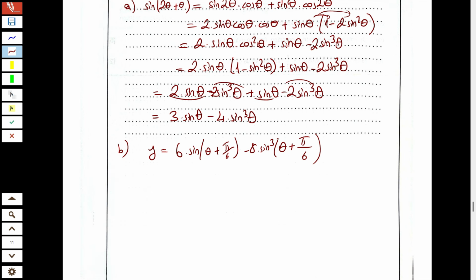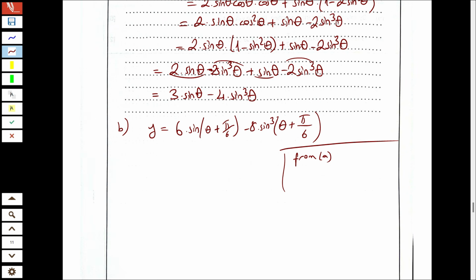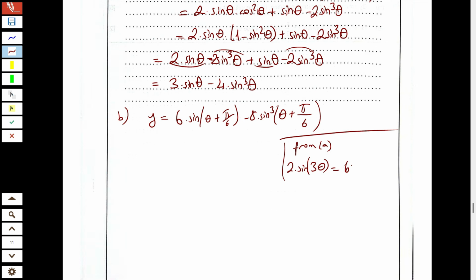For example, from A, if you multiply both sides of this equation by 2, you will see that 2 times sine 3 theta will give us 6 sine theta minus 8 times sine to the power of 3 theta, right?